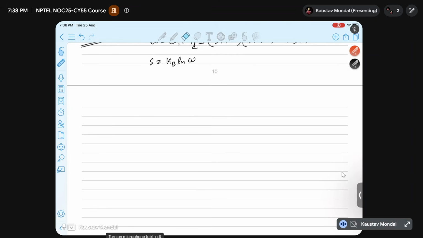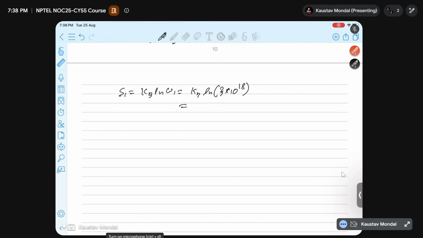Okay, so S1 is kB ln W1. So W1 is 3 into 10 to the power 18. Okay, kB into ln 3 plus 18 into ln 10, right?